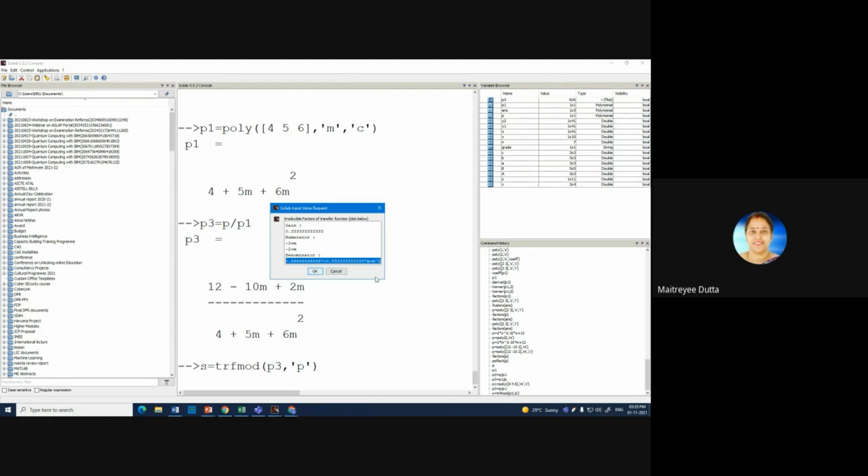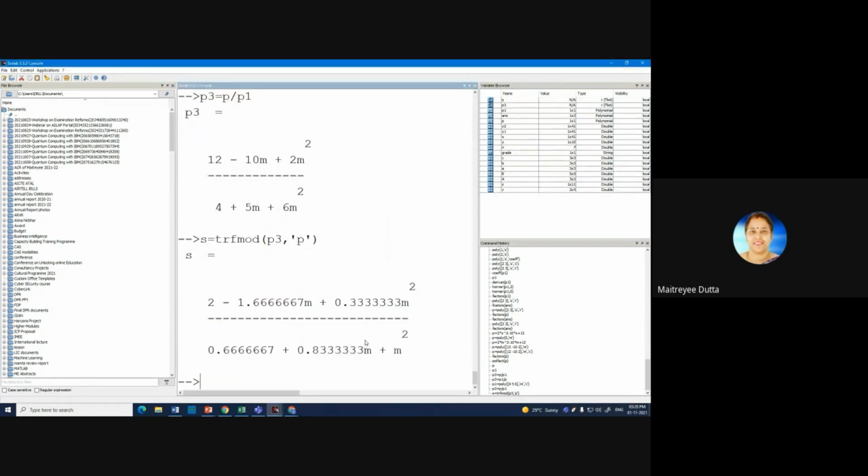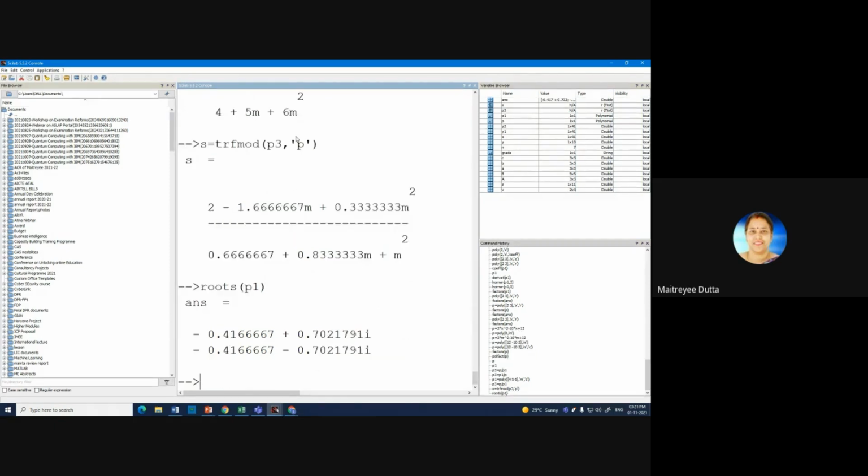For example, if I write find out the roots of, okay, we have 6m square, this is your P1, right? I am giving the roots of P1. If you give P1, then you can find that the roots are like this.